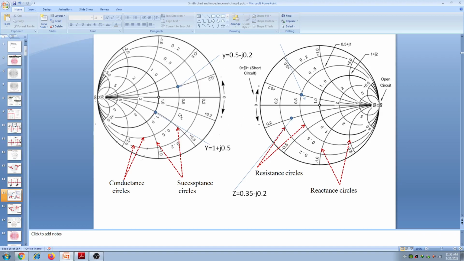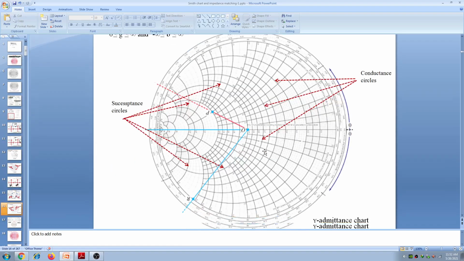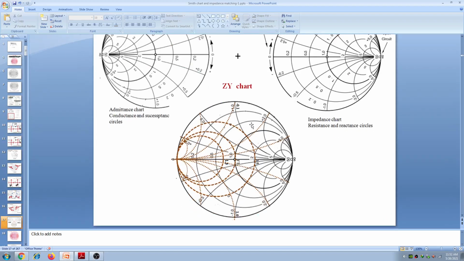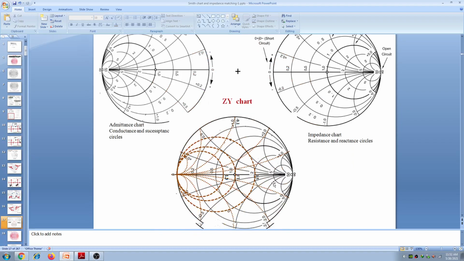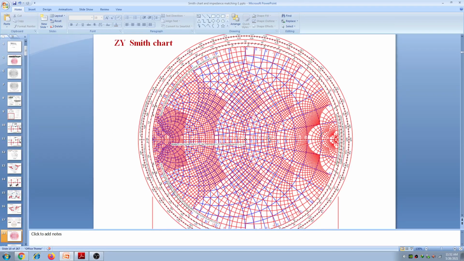Okay, so like that, overlapping of these two, we will have this kind of circles. See, whatever values we observe here are the susceptance and reactance values. Whatever values we are observing here are the resistance values and the conductance values. Okay, so overlapping of this and this chart looks like this. So our complete chart is a combination of four types of circles. Okay, it looks like this. So now I will show you.